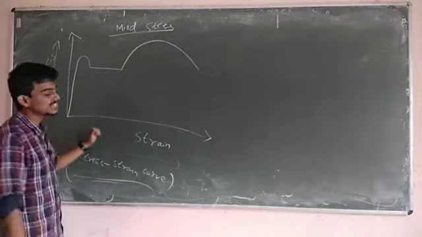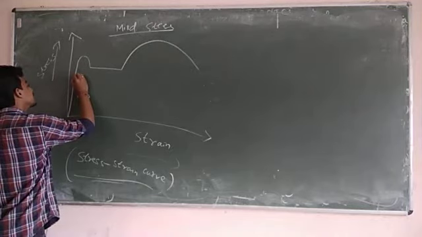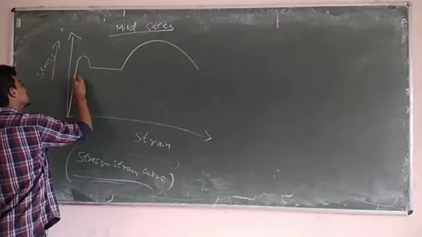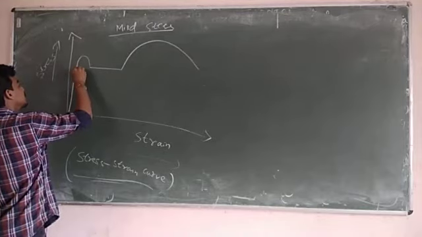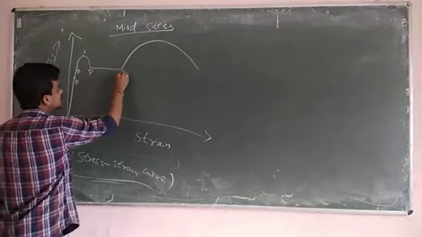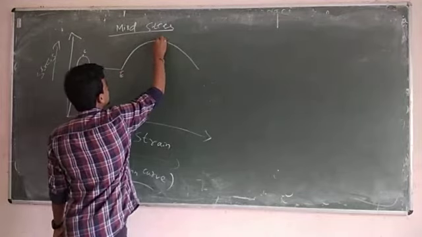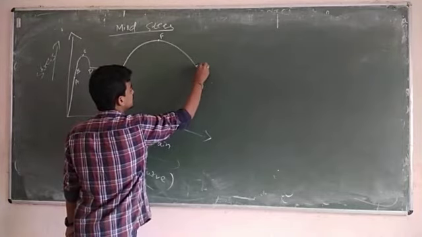After plotting this graph, we get some points: somewhere here the point A, somewhere here the point B, here C, here D, here E. The maximum point, suppose F, and here is the point G.